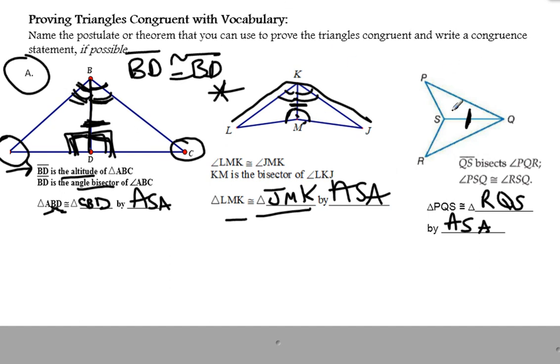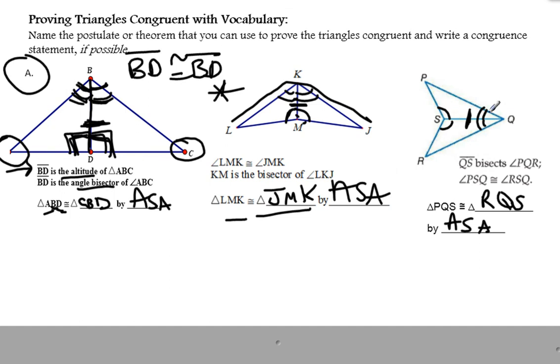Alright, the last example. First thing I marked was my shared side. Then it says that QS bisects PQR. P to Q to R, this angle has been bisected. So I'm going to mark this angle congruent to this angle. And then it says PSQ, this angle, is congruent to RSQ, this angle here.